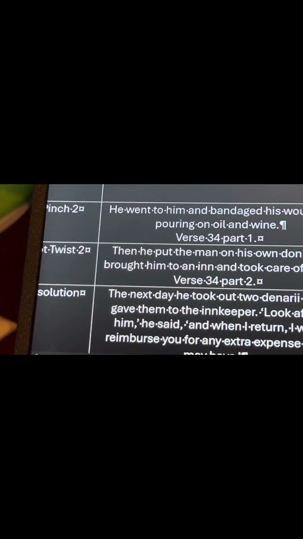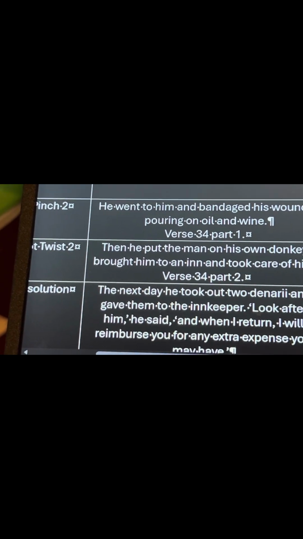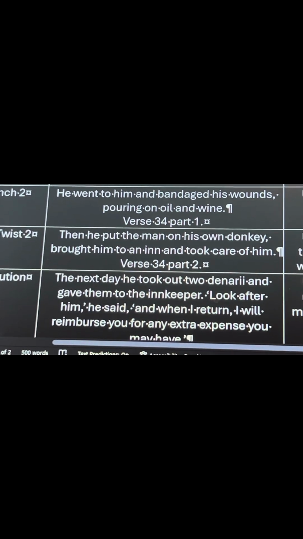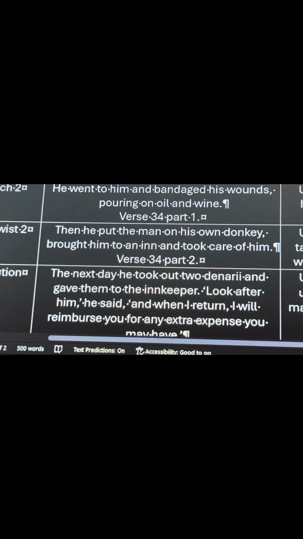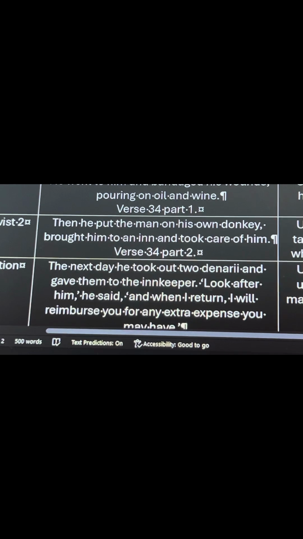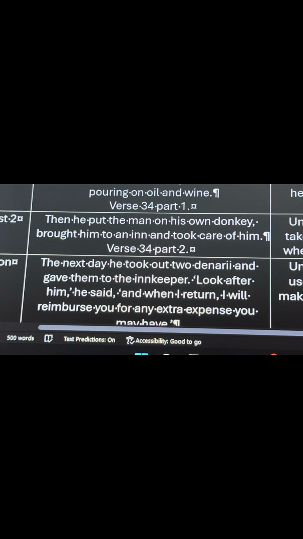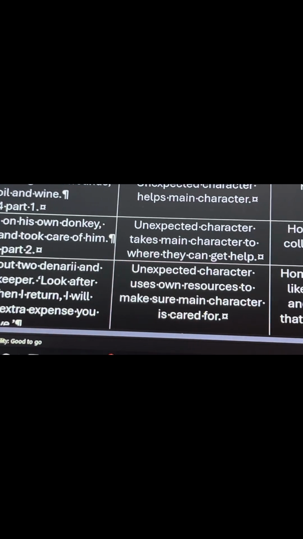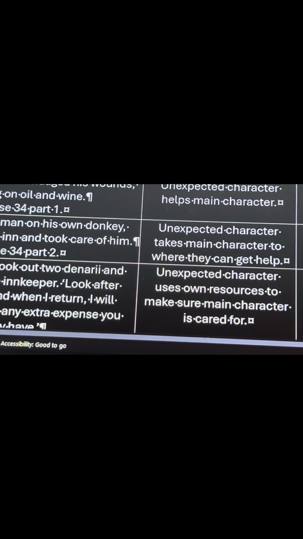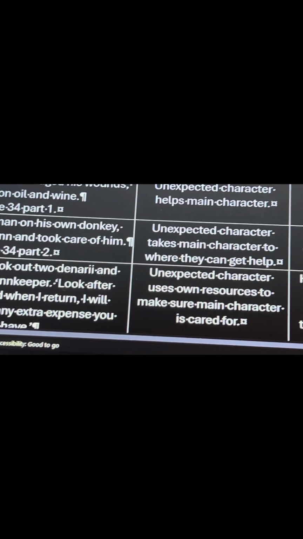So resolution. So obviously in the Good Samaritan, the Good Samaritan took 2 denarii to the innkeeper and told him to look after the Jewish man. And then everyday language, unexpected character uses own resources to make sure main character is cared for.